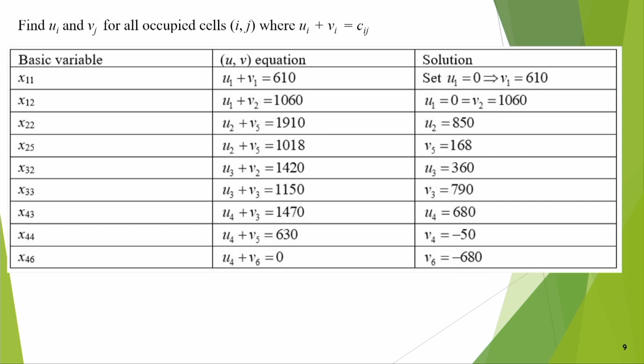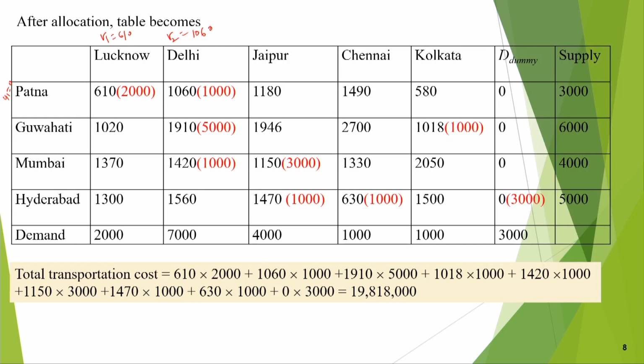But here we have indicated in a systematic way that for all occupied cells we have written the equation U1 plus V1 is equal to cost. So, U1 plus V1 is equal to 610, and these are the values I have done. Okay, I can do much faster instead of writing like that.